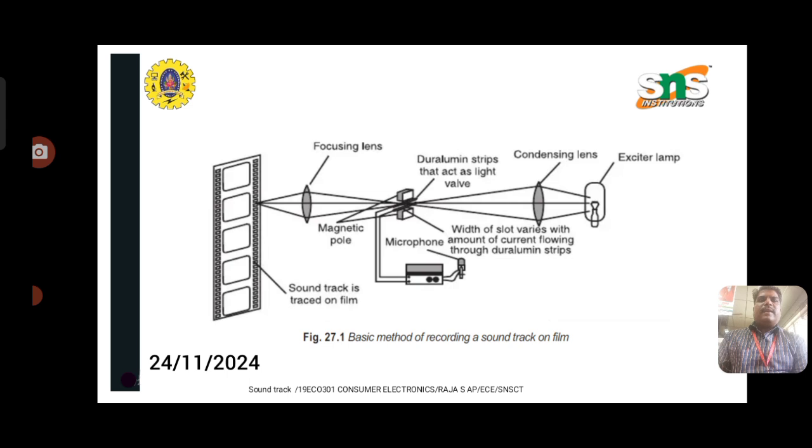So this is the figure showing how the sound signals are reproduced in the audio and video. If you see the figure, on the left-hand side is the sound film, and on the right-hand side is the exciter lamp. Through the condensing lens, the light image is focused on the soundtrack. Based on the conversion of light into sound energy, they reproduce the sound.